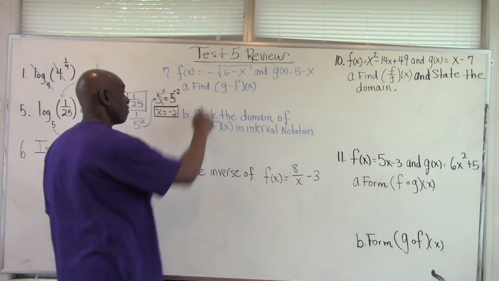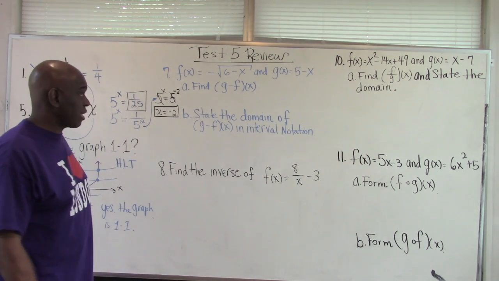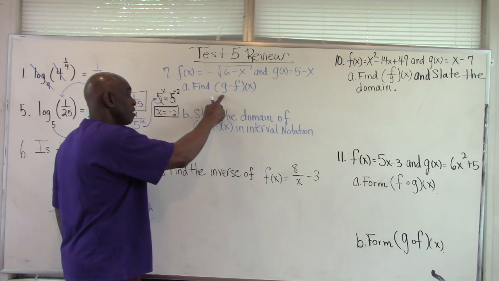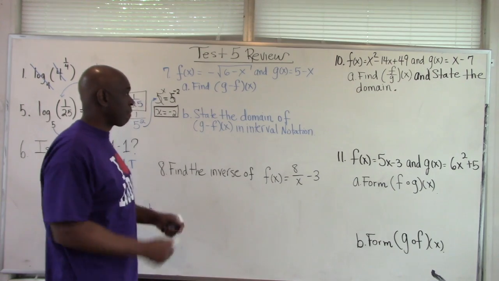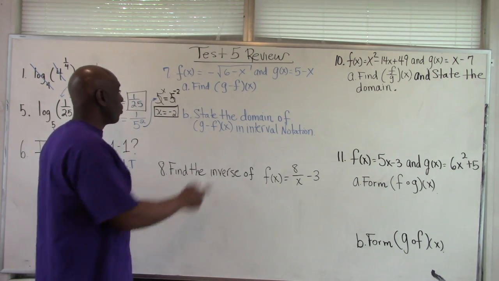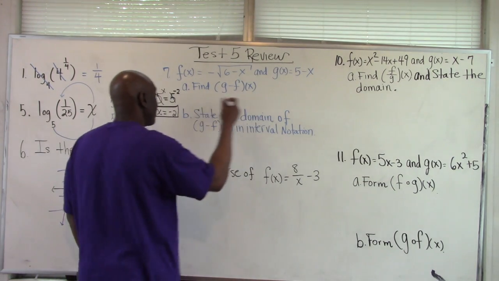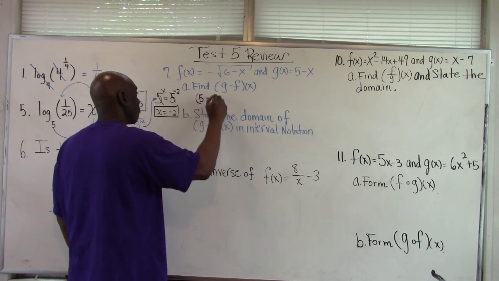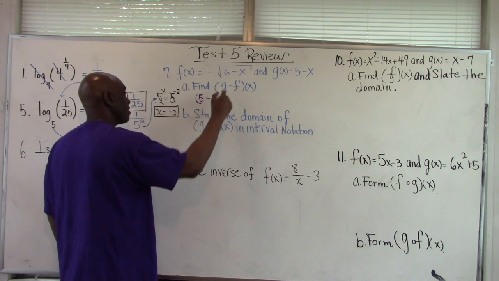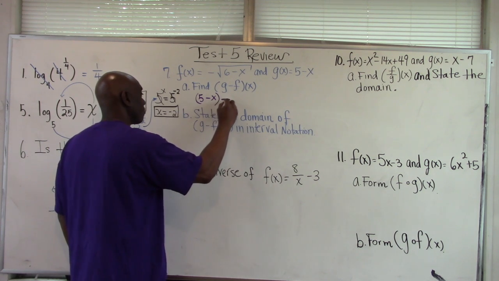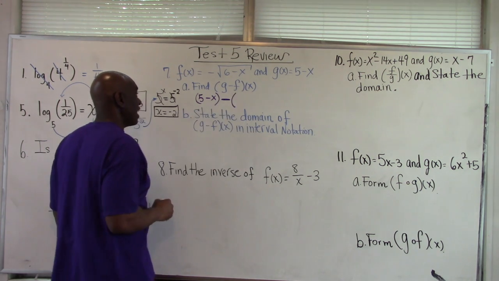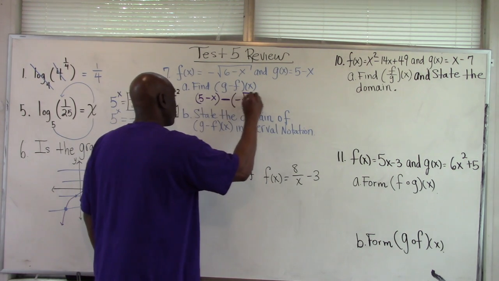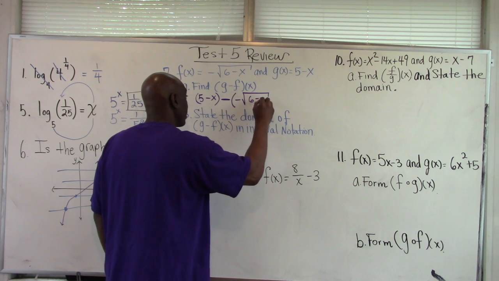F of x is negative root of 6 minus x, and g of x is 5 minus x. Find g minus f of x. Okay. So what is g? G is 5 minus x. So it's g minus, and what is f? F is negative square root of 6 minus x.